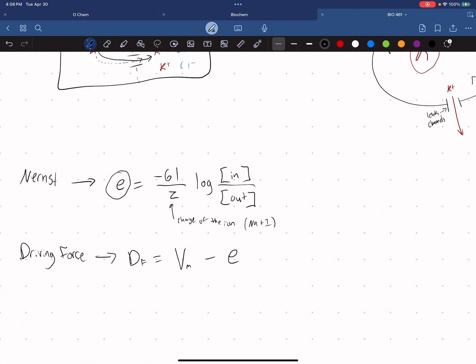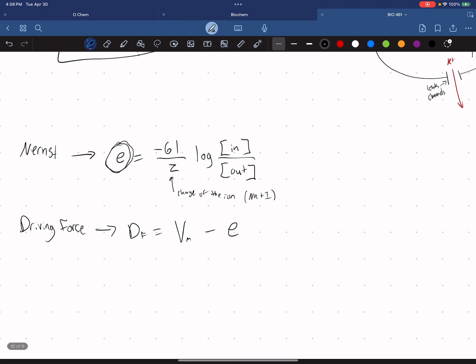And so once we're able to solve for this E value here, we will go down and determine what is called the driving force. And so the way I like to think about the driving force is it is the number that kind of describes the want of the ions to move either in or out of the cell. So we will take this E value that we just calculated with the Nernst equation and plug that in here.